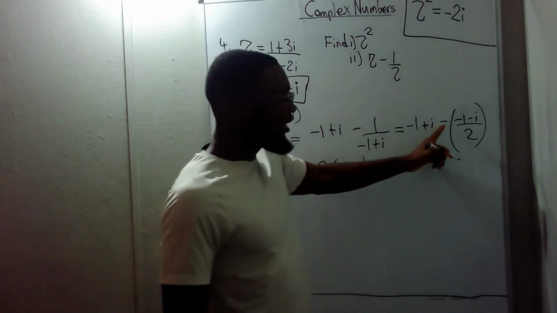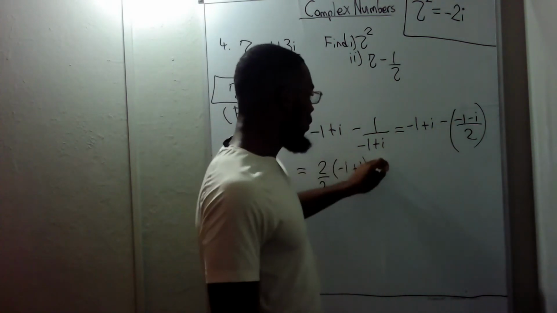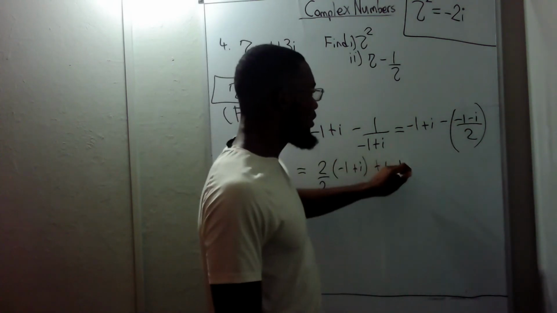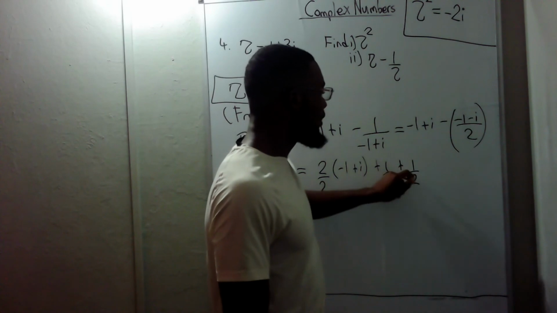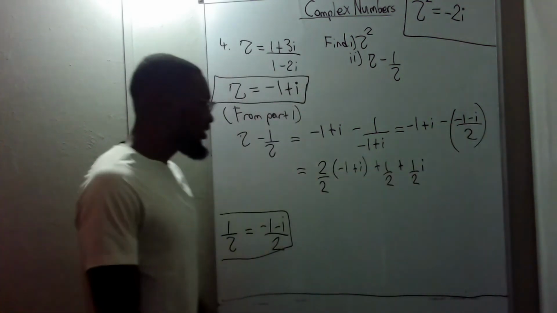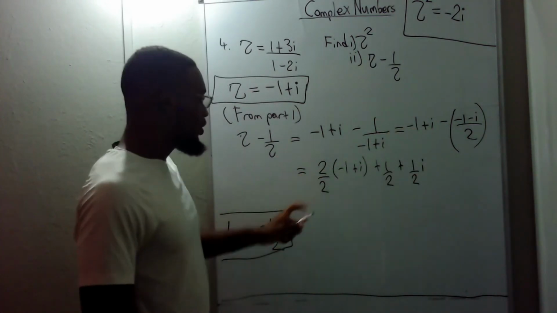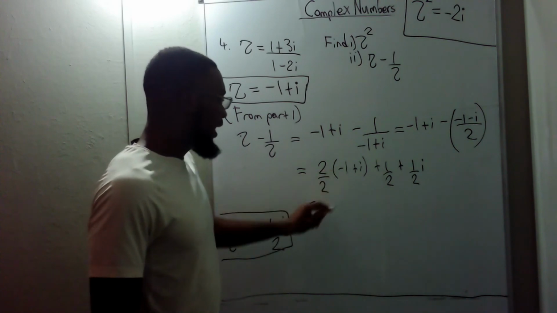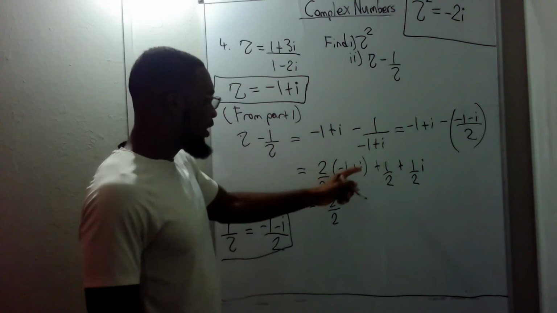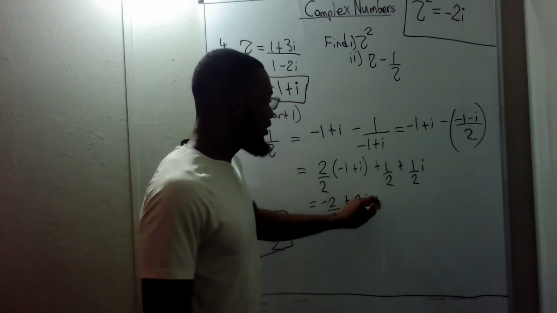Minus and minus make this become plus 1 over 2, plus 1 over 2 times i. All we did is expand the minus. Now when we change this part to 2 over 2, this is now minus 2 over 2, and this part is plus 2 over 2 i plus a half i.